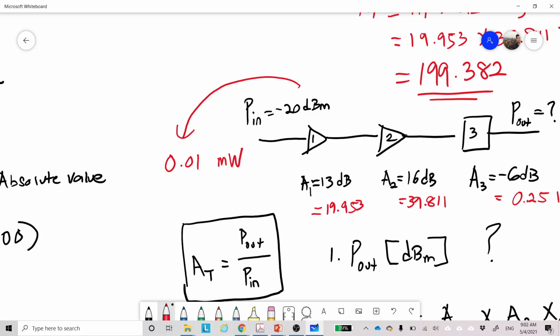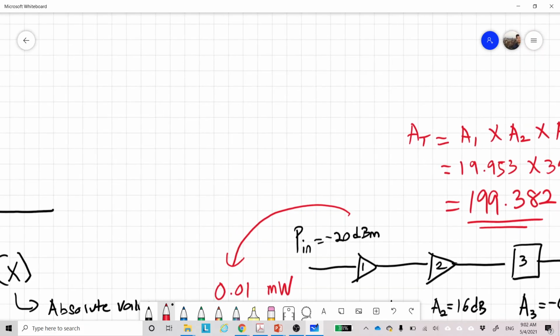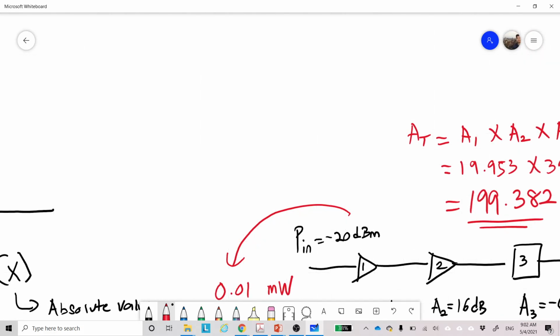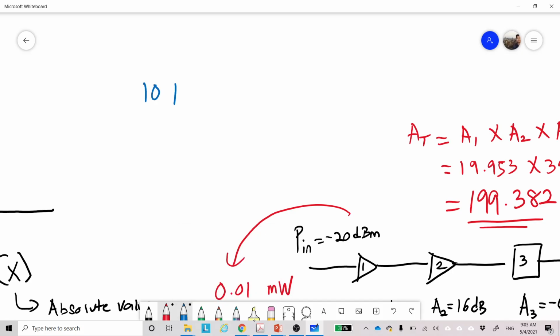Okay, so I will show here. So you see that 10 log, saya tunjukkan je. 10 log power divided with 1 milliwatt, you will get minus 20 dBm.